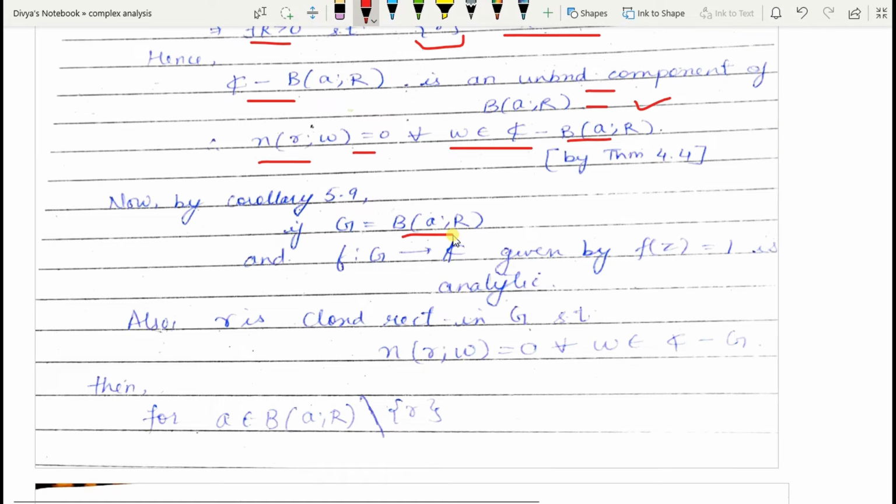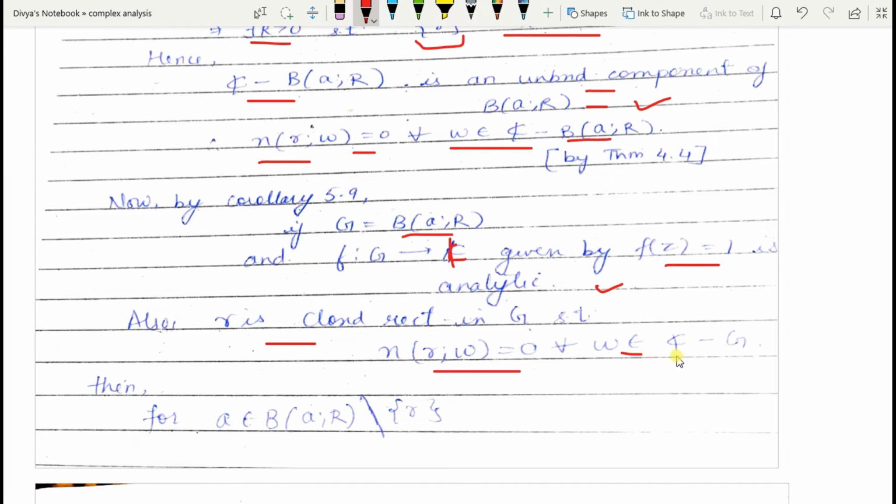What we have now by Corollary 5.9 is: if G is this ball, then f from G to C given by f(z) equals 1 is analytic, a constant function, right?